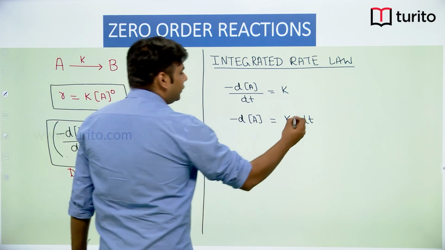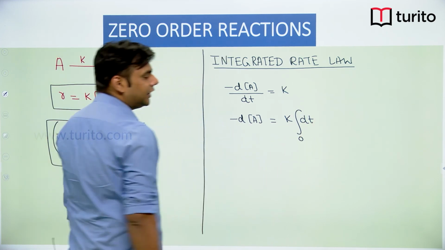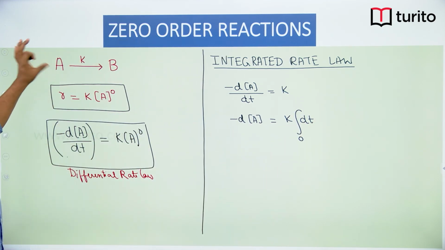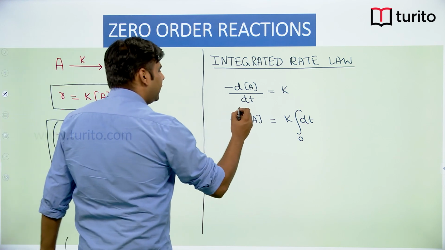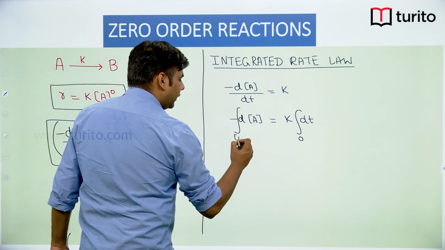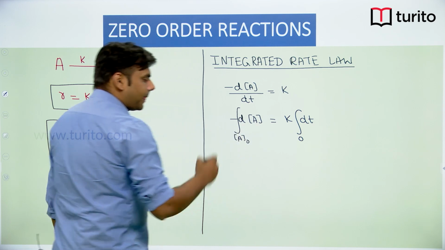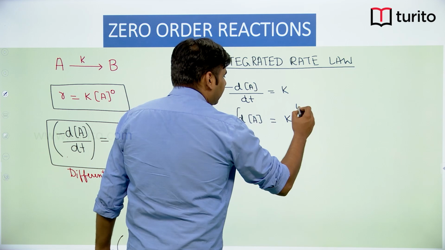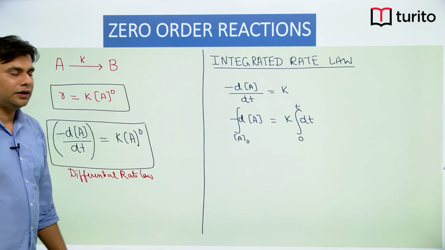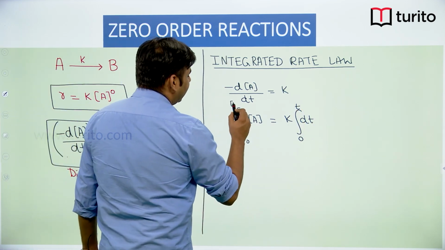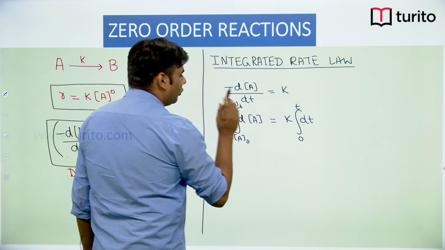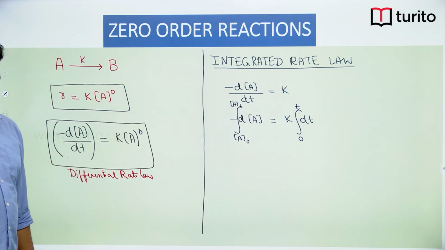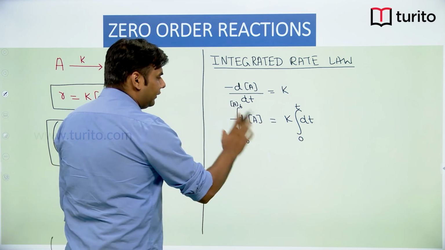At time t equals 0, when we started this reaction, there would have been only A present. So let us assume the concentration of it to be A naught. Now suppose after some time t, the concentration of reactant would change, and suppose it is At. Okay. So the square bracket is just representing that it is a concentration term. So don't get confused over here.